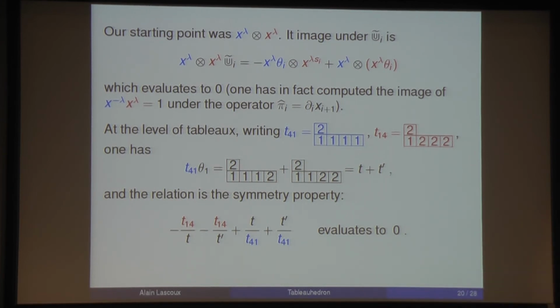So here I have an identity on rational functions. It's the decoding of what I've done with tableaux, so taking the evaluation, taking the inverse value.